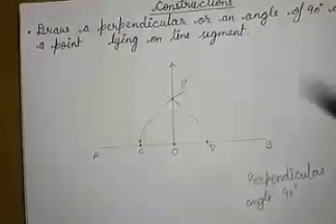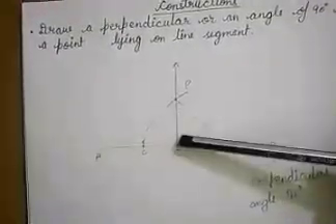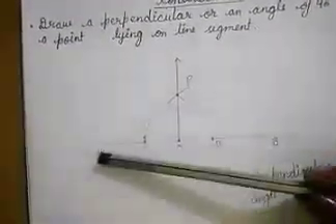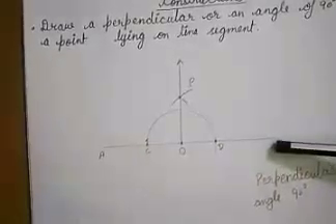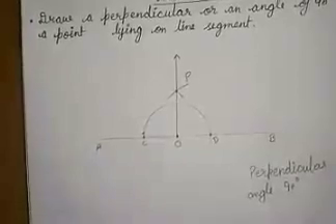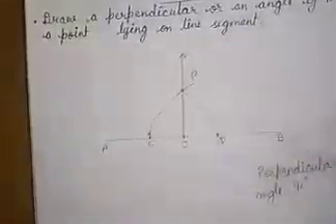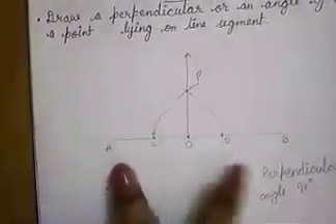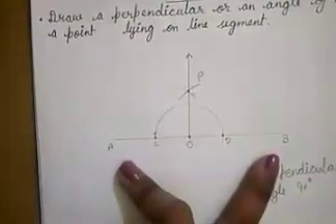So if I say this PO is perpendicular to line segment AB, so what does it mean? It means line PO is making an angle of 90 degree with AB line segment.